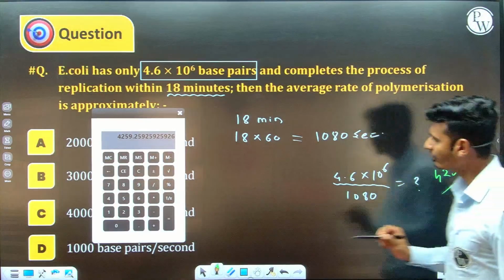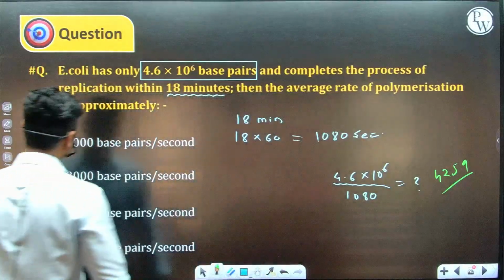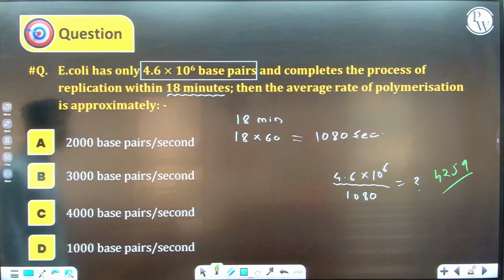Any option 4259? There is no option 4259.